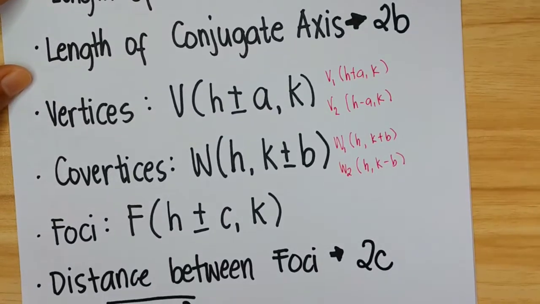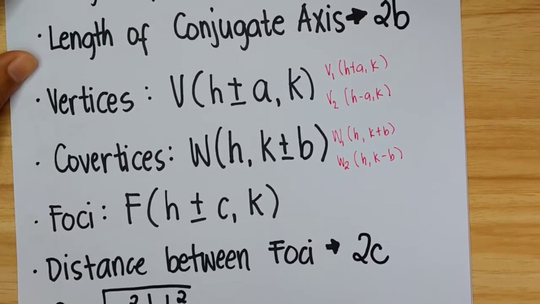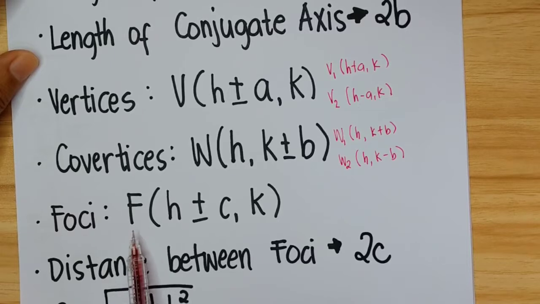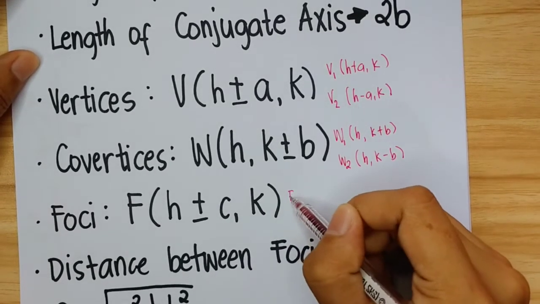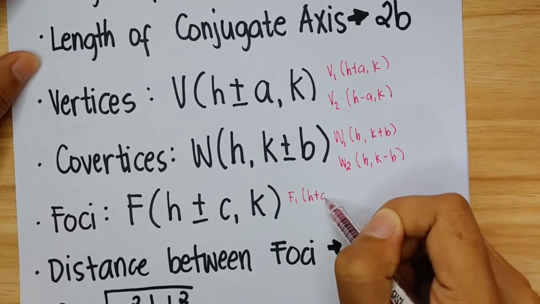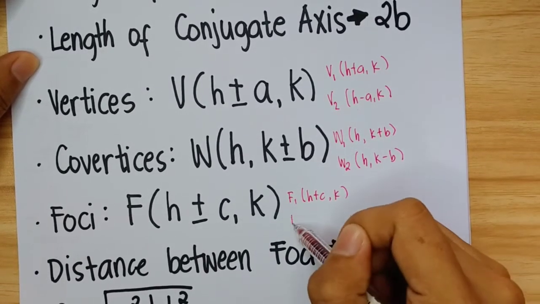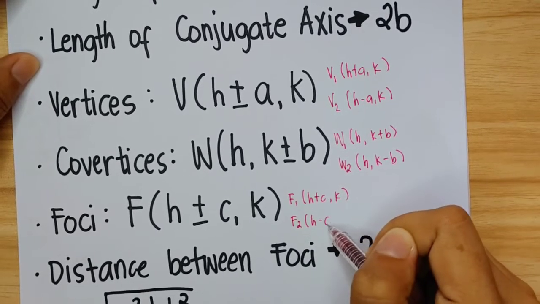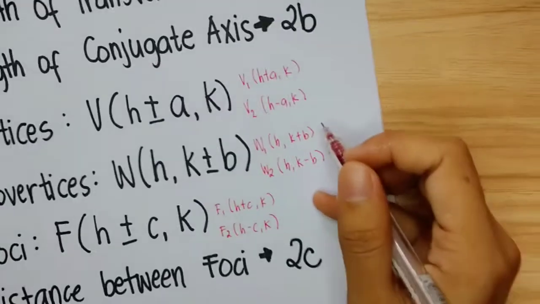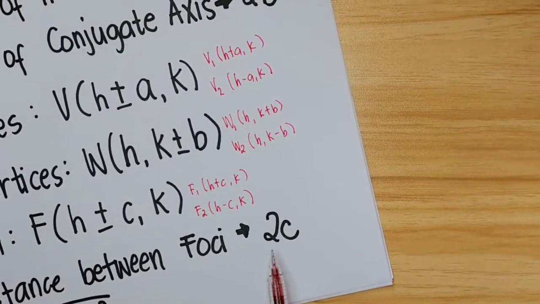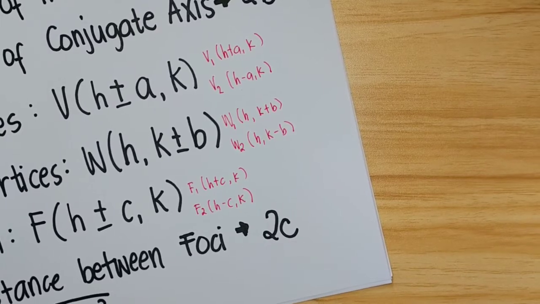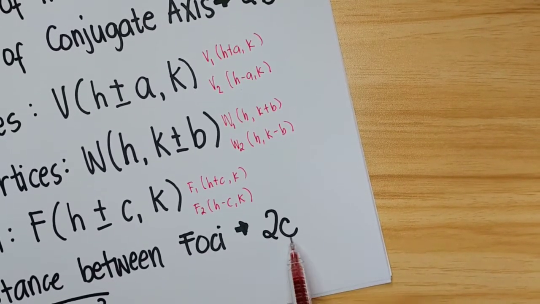How about the foci? The points of the foci, denoted by F, are (h plus or minus c, k). So F1 is (h plus c, k) and F2 is (h minus c, k). The distance between the two foci is denoted by 2c.